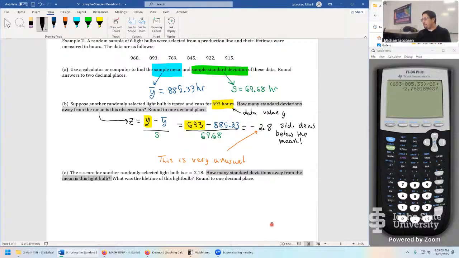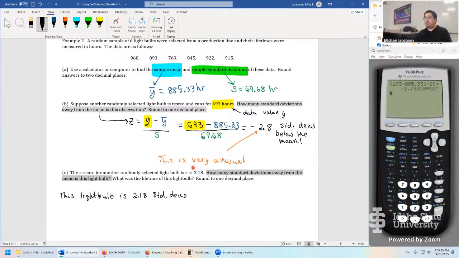Exactly. It's one of those weird questions where it feels like we should be doing something, but it's just a reminder the z-score is that number of standard deviations exactly. So for this part right here, this light bulb is 2.18 standard deviations away from the mean.